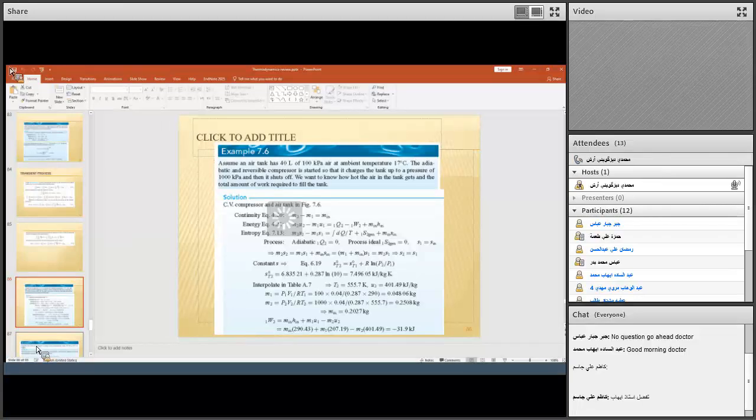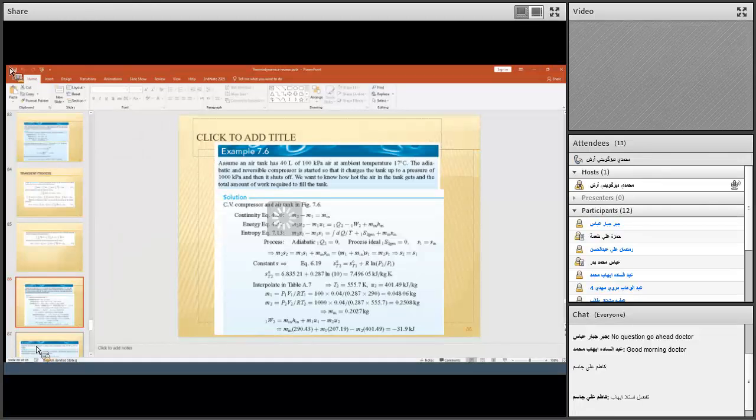So the entropy at state 1 and 2 is the same. According to the ideal gas law, we compute the entropy at state 2 from table R.7. We can compute temperature and internal energy. According to the ideal gas law, we can compute the mass of the air at initial state 1 and final state 2. So easily we can compute the work between state 1 and 2.